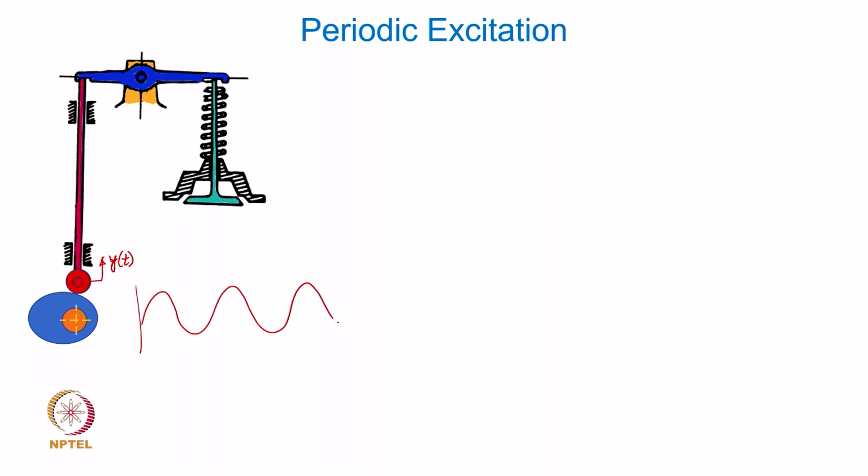So, with this excitation y equal to capital Y e to the power j omega t, we assumed it to be harmonic, and then we went ahead in finding out what is the response of the vibratory system.